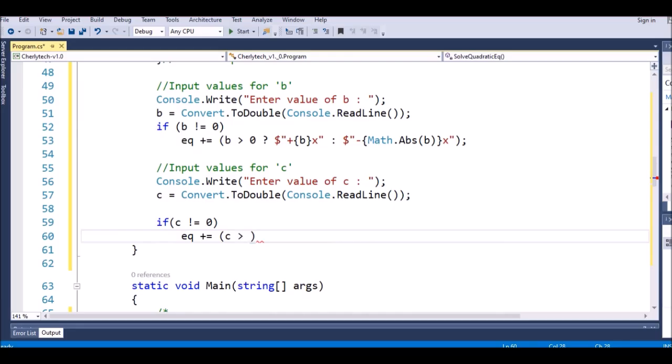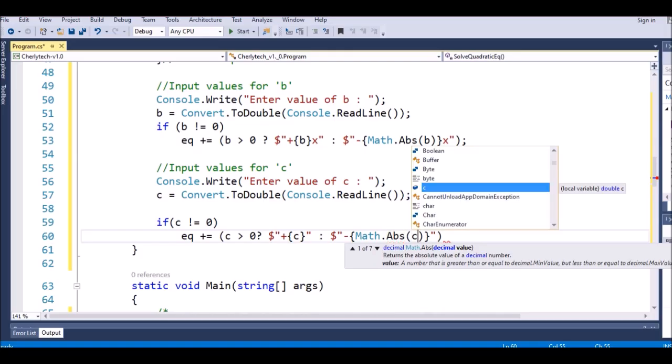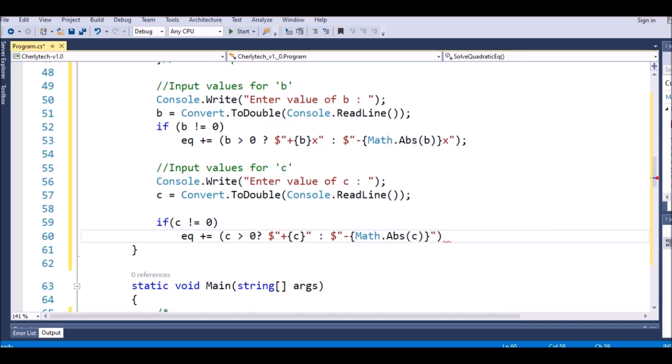C greater than 0, as this, and you say plus C like this, and otherwise we have minus, and here we use Math dot Abs, and say C. It means that when C is not 0, it should be greater than 0 or less than 0.